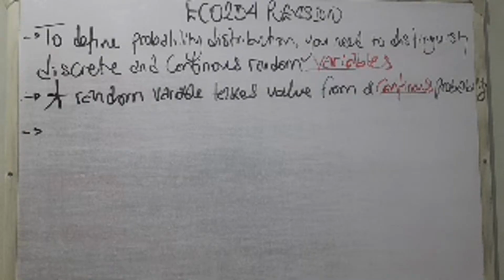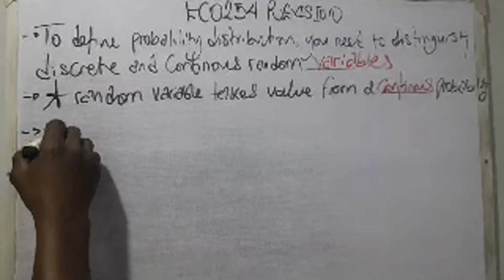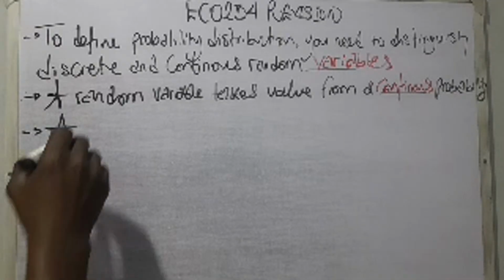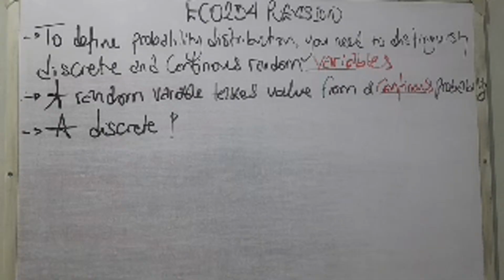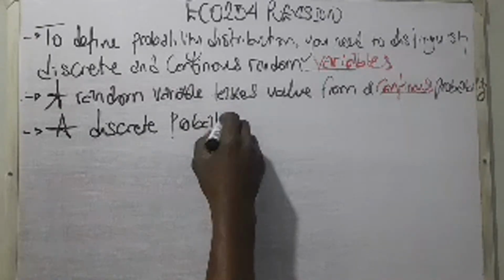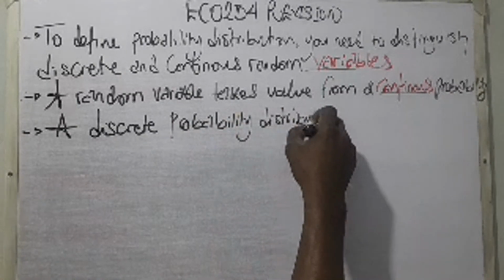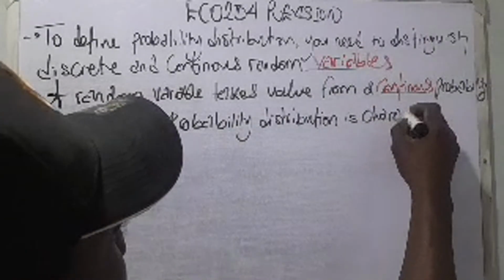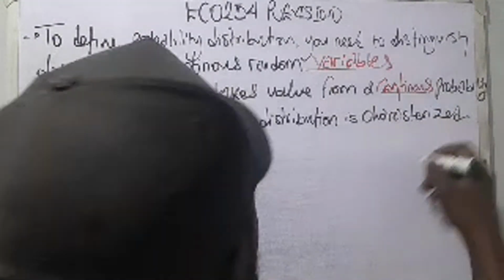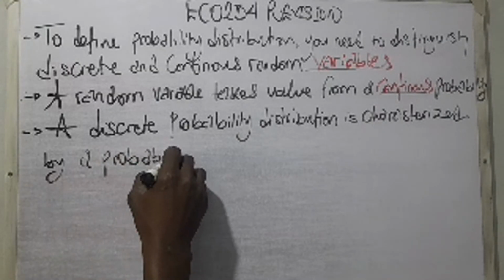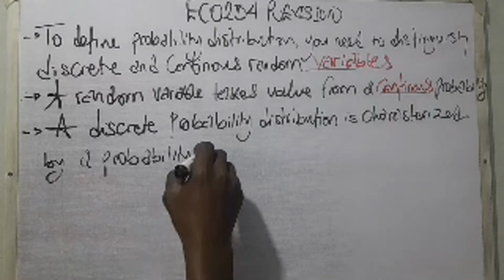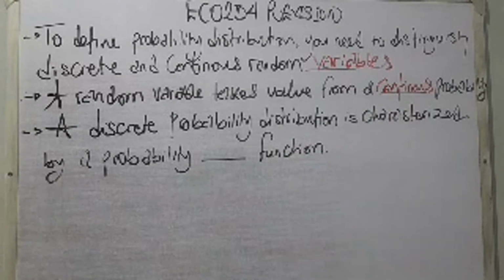A discrete probability distribution is characterized by a probability dash function. So we have that as our next question.